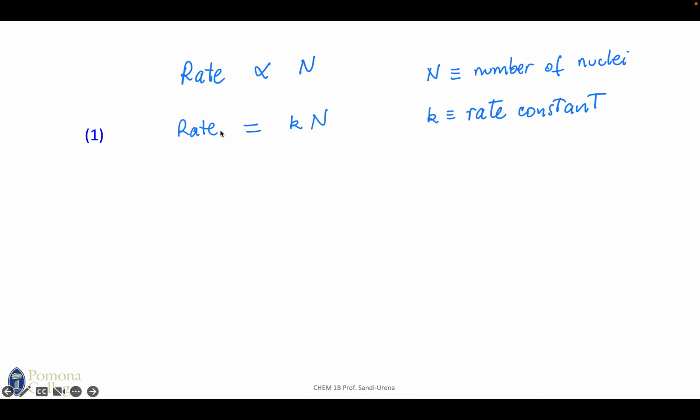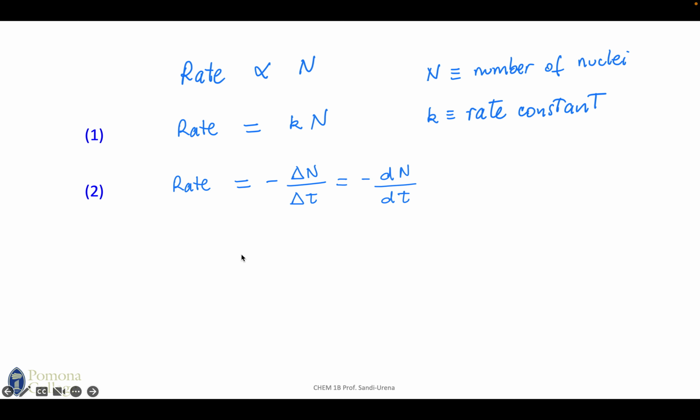Since we have a rate, we're going to call it the rate constant. So the rate, how many particles decay per unit of time, will be equal to a constant characteristic of the particle, like uranium-238, times the number of particles that we have. So k is a constant for the substance.